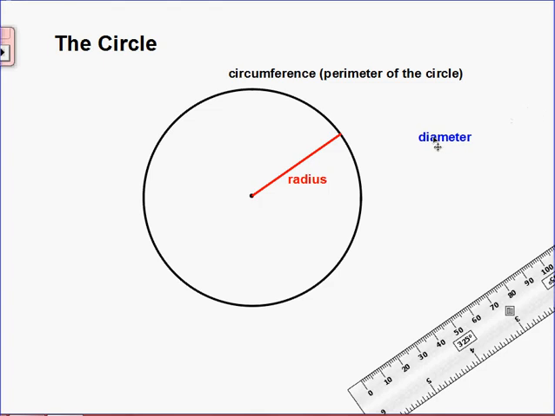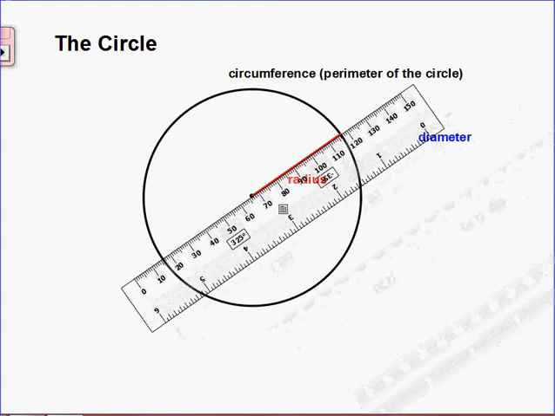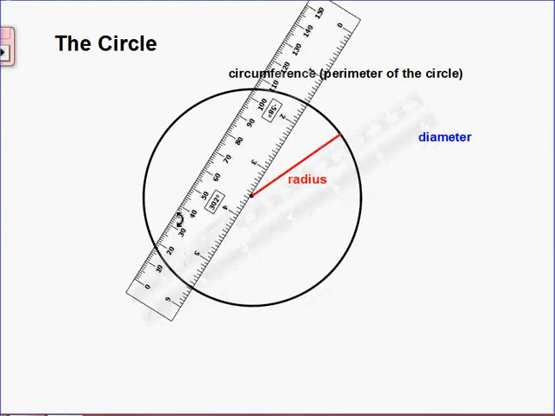Can any one of you draw any diameter on that circle? Can you tell me of any diameters shown there? Okay, so let me draw one for you. I'm going to use a ruler. I'm going to use a different color for it so you can see it properly.